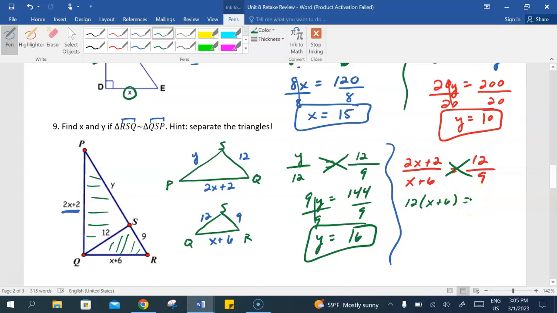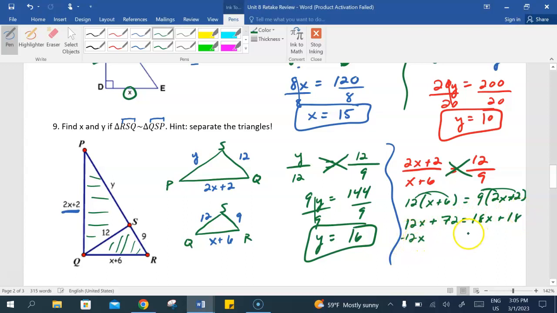I'm multiplying by an actual expression, which is more than one term, and same thing with the 9. So I have 2x plus 2. Now here, you are going to distribute and then solve for x, just like a regular equation. So you get 12x plus 72 equal to 18x plus 18.